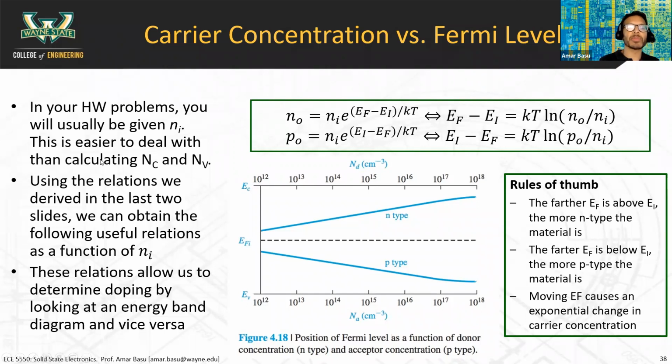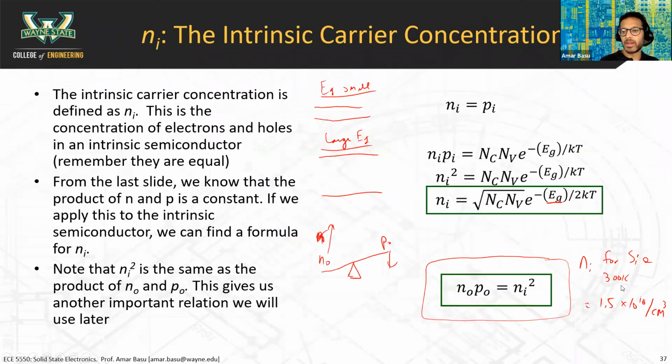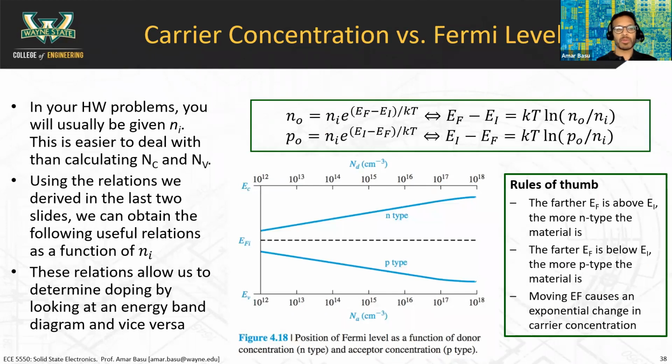In your homework problems, you'll usually be given n sub I. As I mentioned, n sub I for silicon at room temperature is 1.5 times 10 to the 10, and that's a constant that we're going to be using a lot. So this n sub I is a little bit easier to deal with than calculating N sub C and N sub V.